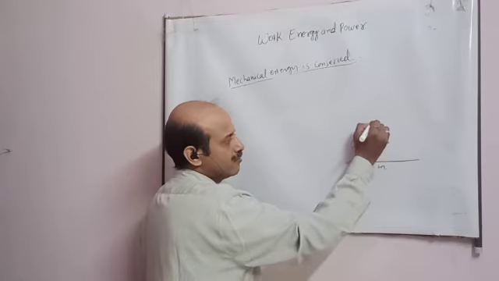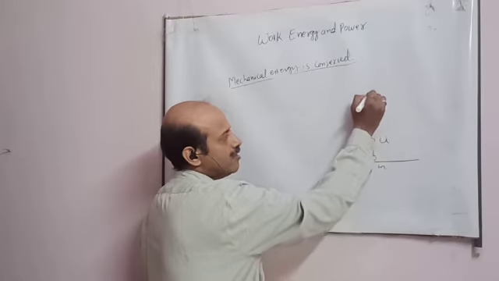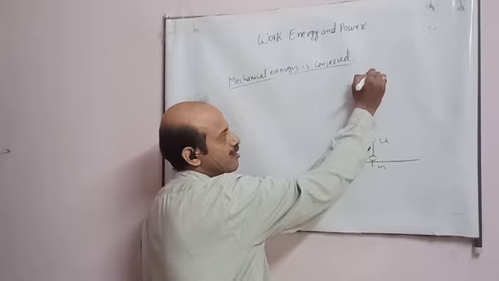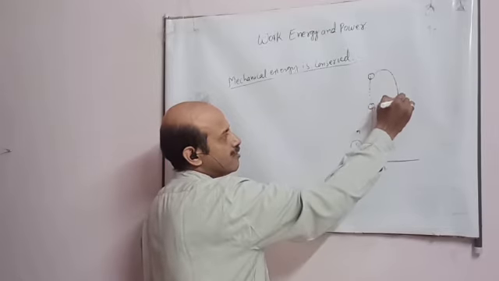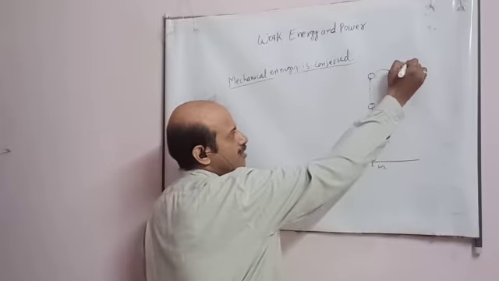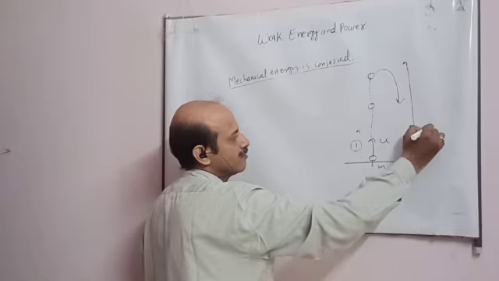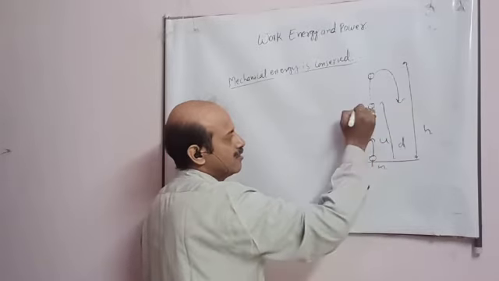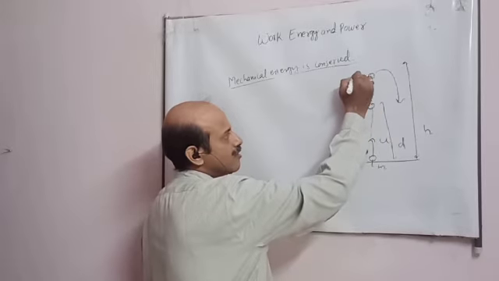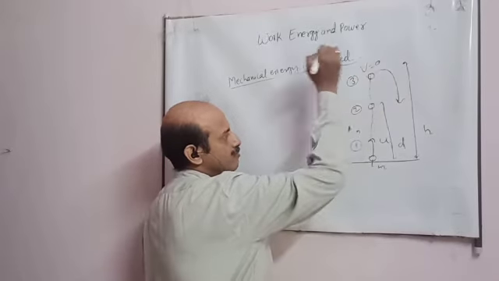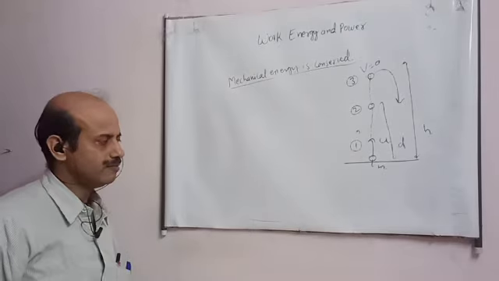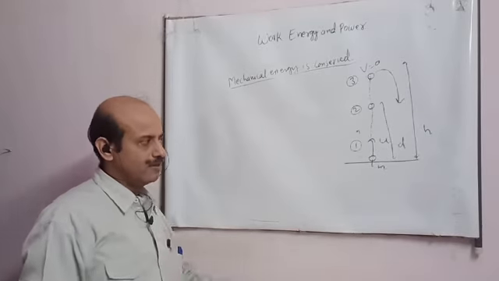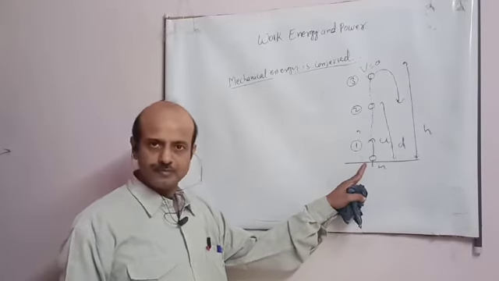Now this ball will decrease its velocity and finally it will return back, student. Say this height is h. This distance is d, student. This is the second position of the ball, this is the third. Here the velocity is 0. This is the ground position, student.